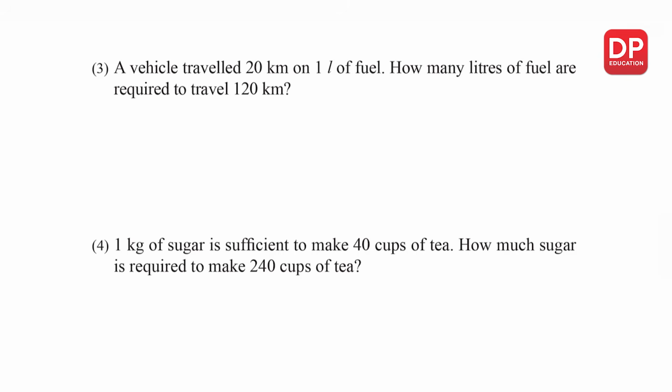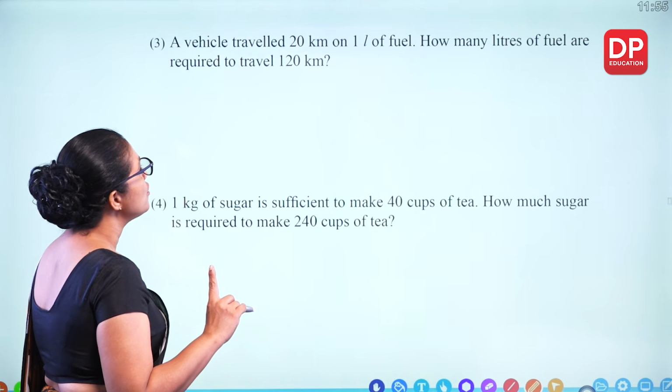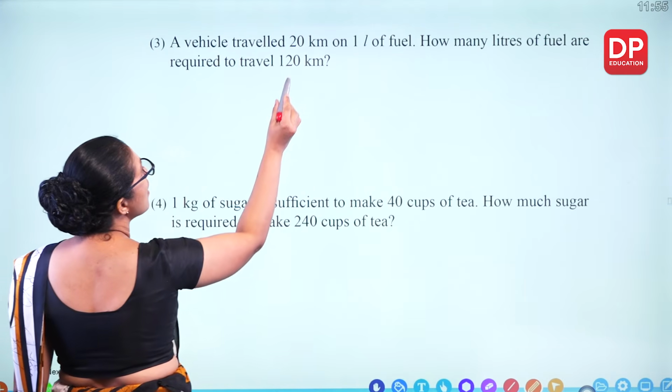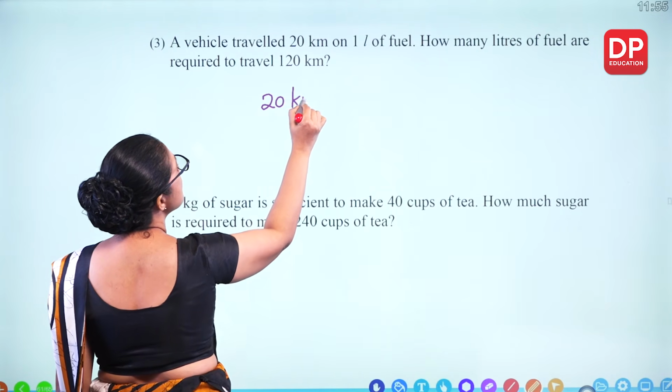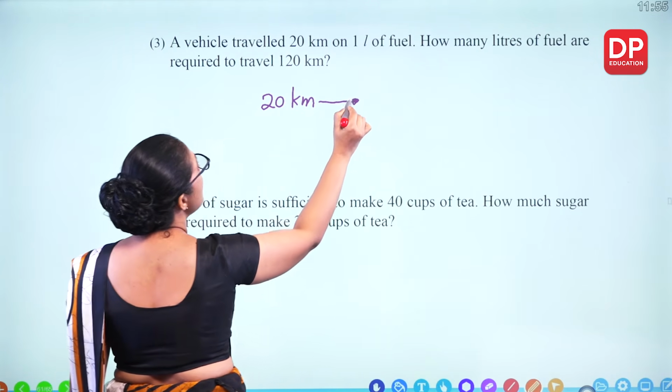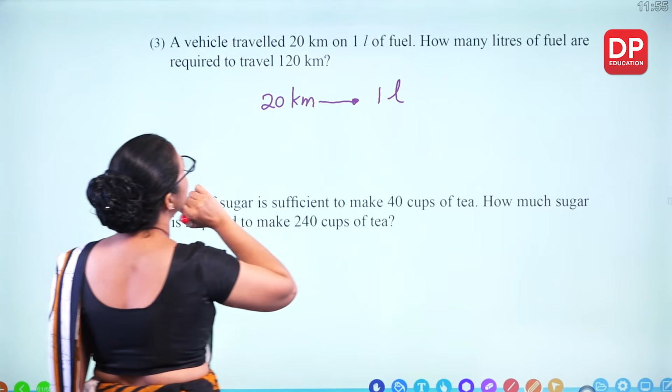A vehicle traveled 20 kilometers on 1 liter of fuel. How many liters of fuel are required to travel 120 kilometers? So you can do 20 kilometers, you need 1 liter of petrol.